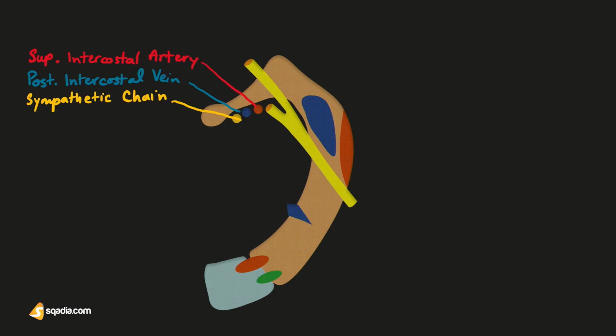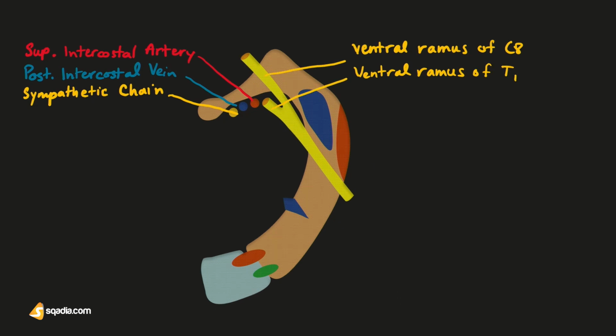Then you can see there's these two nervous structures that are merging into one. So these are the ventral rami of C8 and T1, which pass on forward to turn into the lower trunk of the brachial plexus.